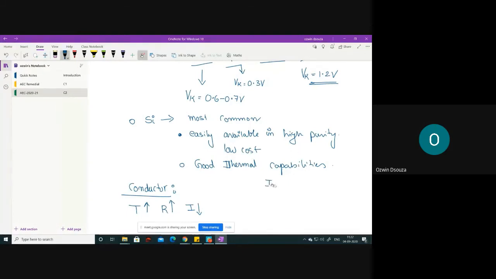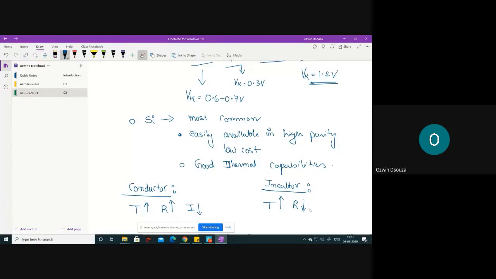On the other hand, in case of a semiconductor, this is very important, please make a note of it: as the temperature starts increasing, the resistance of the device starts decreasing.